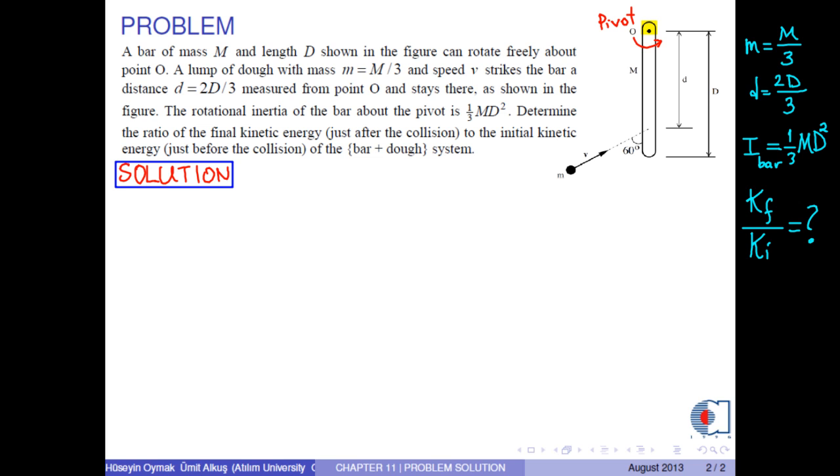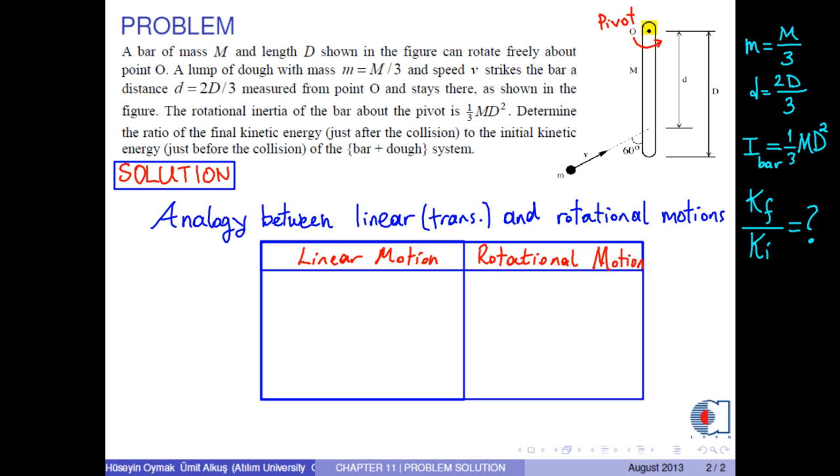Before solving the problem, let's have a look at the analogy between linear or translational and rotational motions. Linear motion is described by the parameters mass, linear distance, linear velocity, linear acceleration, force, and linear momentum.